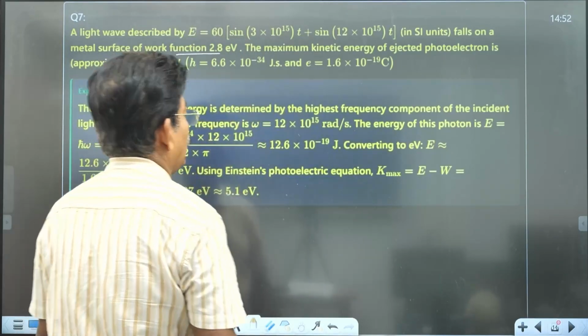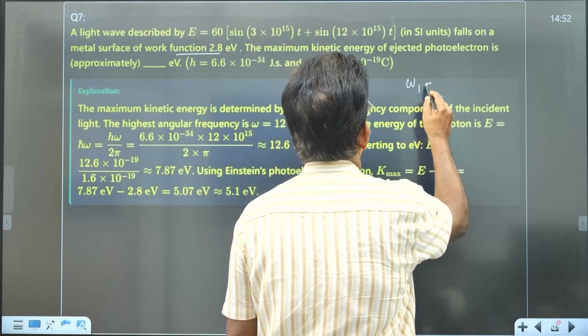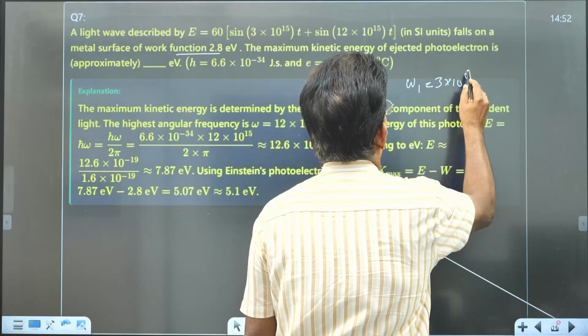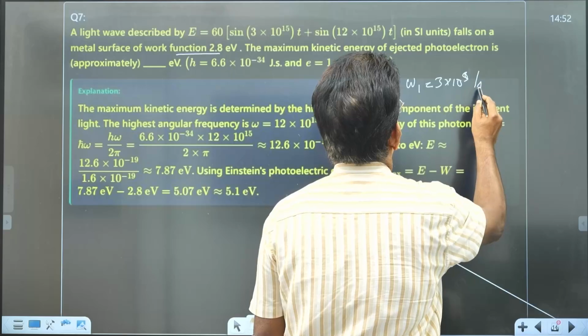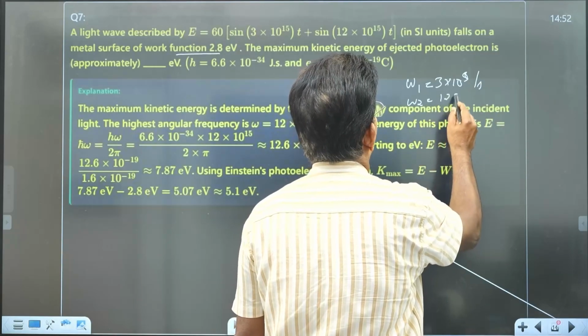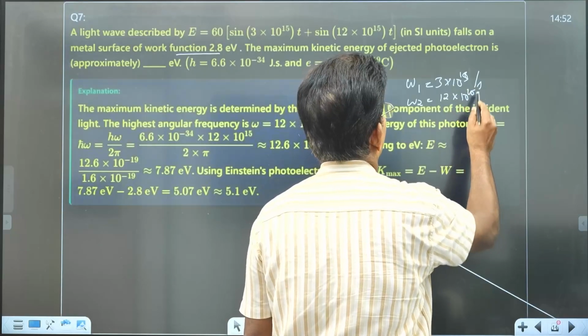So first of all, we have two angular frequencies. One is 3 into 10 to the power of 15 per second. Omega 2 will be 12 into 10 to the power of 15.